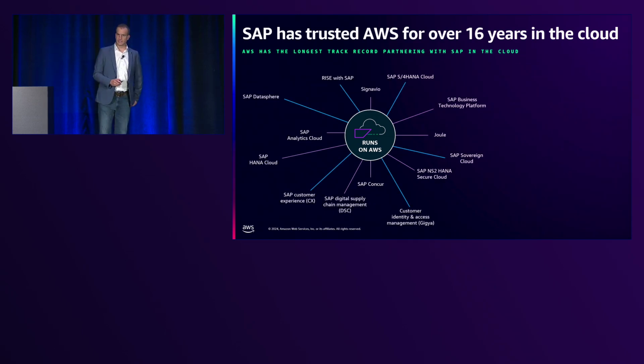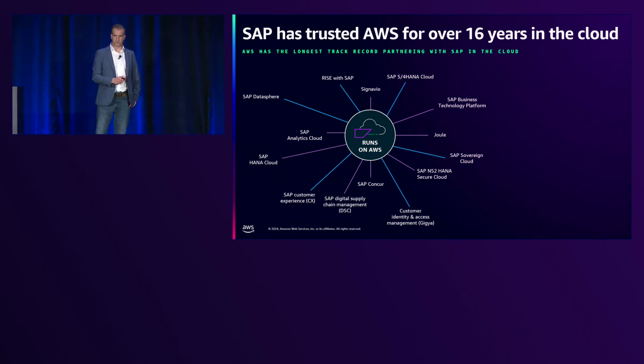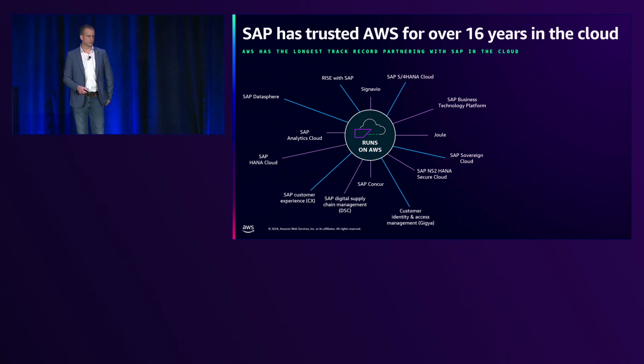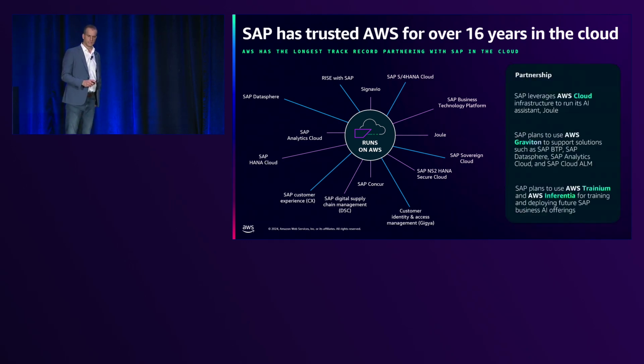So today, AWS infrastructure is used to power numerous offerings, as I mentioned, such as Rise with SAP, S/4HANA Cloud, Concur, and Signavio. So SAP's commitment to utilizing AWS extends to some of our most exciting current and future offerings. You will have heard about Grow with SAP.